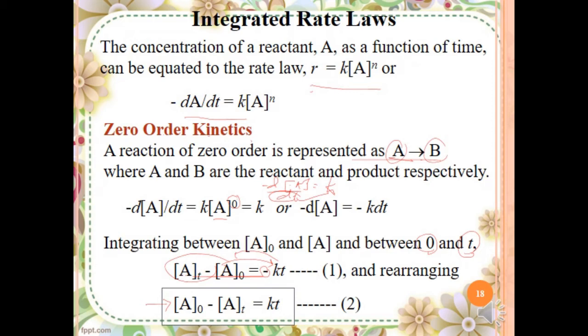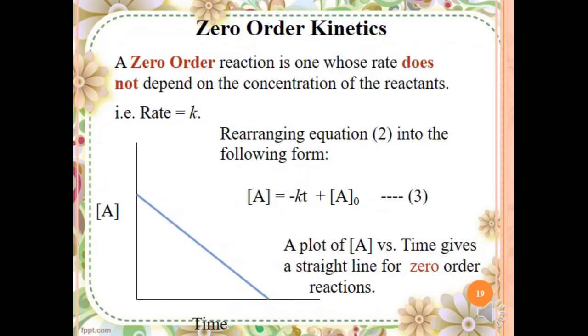This is equation 2, and you must memorize this. It is for zero order. Now, when we plot the concentration of reactant A versus time, you will get a negative slope.